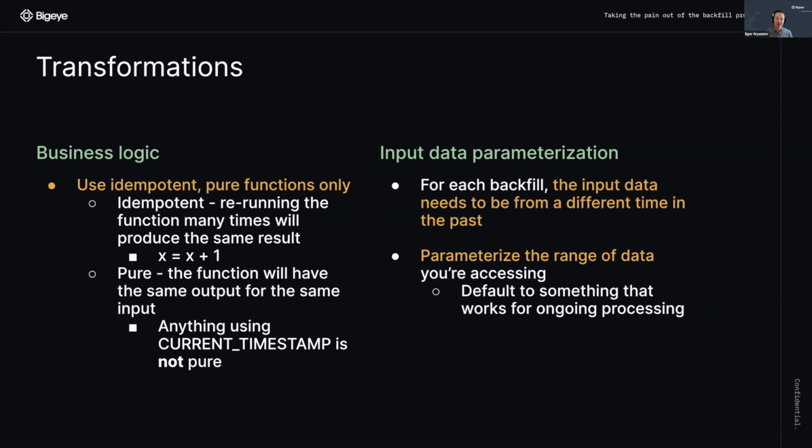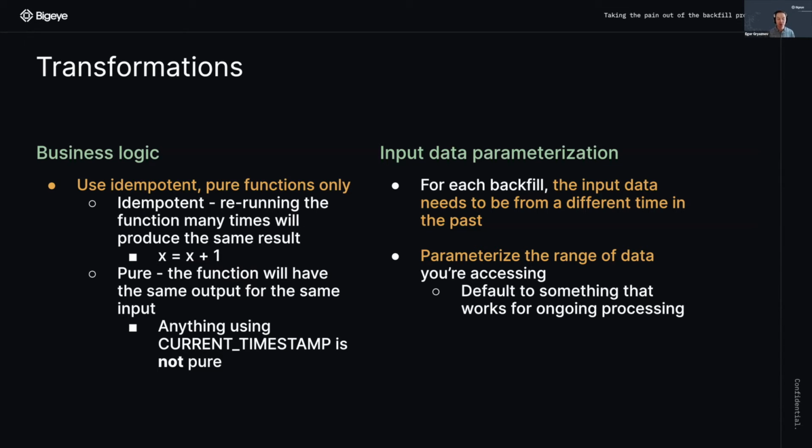I'm not going to get into the IP range problem, but these are pure functions that will always produce the same output for the same input. But a good counterexample is anything that uses current timestamp or current date or some environmental variable that changes. These aren't pure functions because their output will depend on the state of the system at the time.